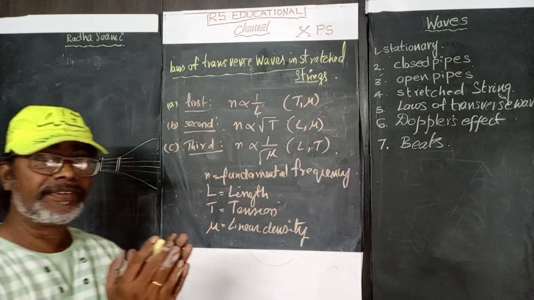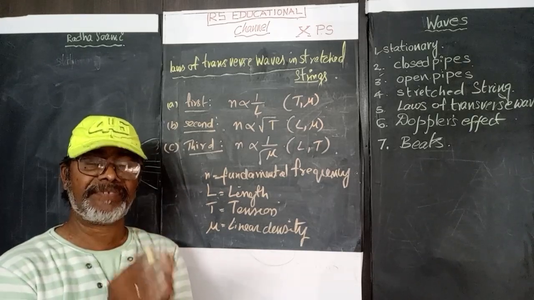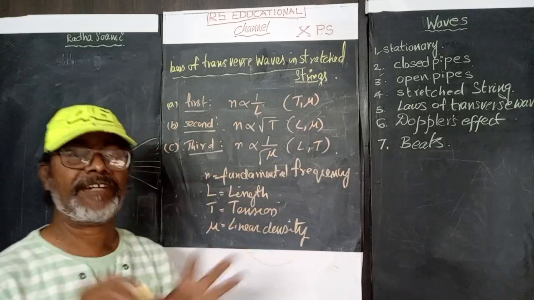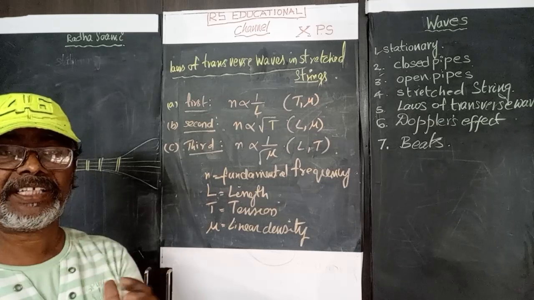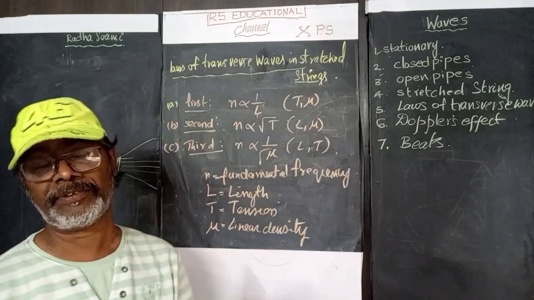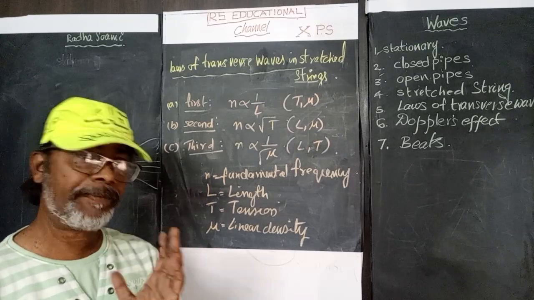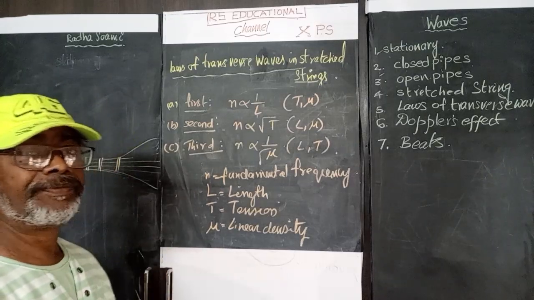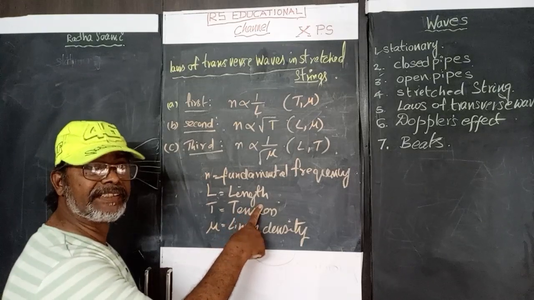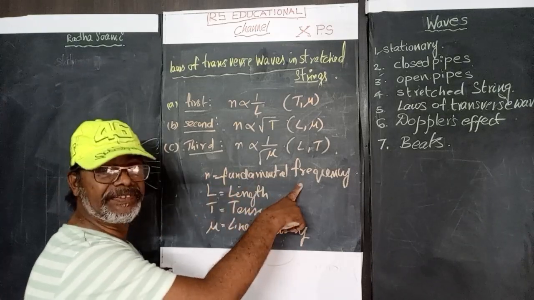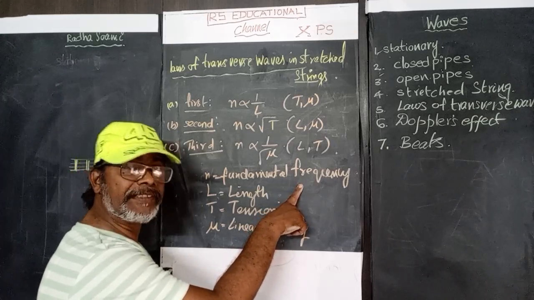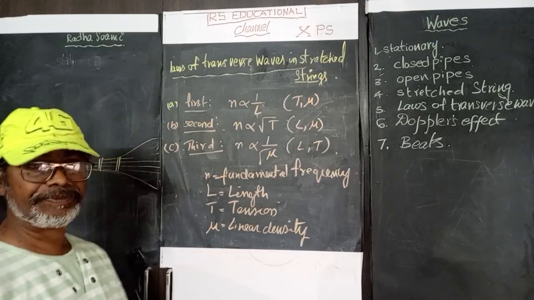In that you get notes. So what are the properties of the transverse waves formed in the stretched strings we have to observe. Why are we getting one type of sound in one note and another sound in another note? It depends upon the main factors, the length, and this is fundamental frequency. The fundamental frequency depends upon some factors.